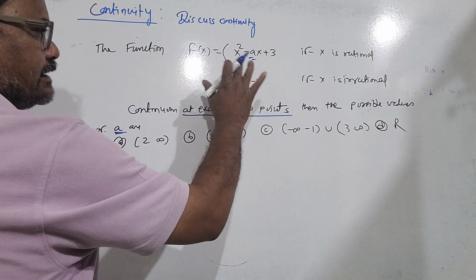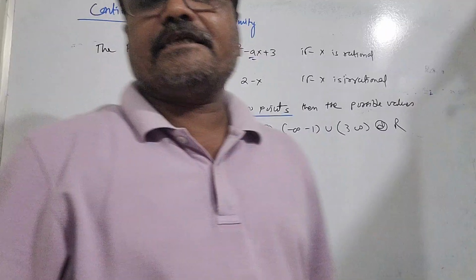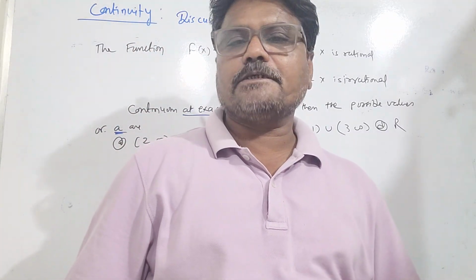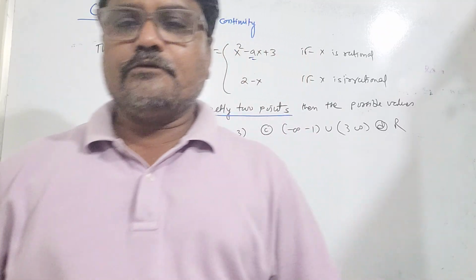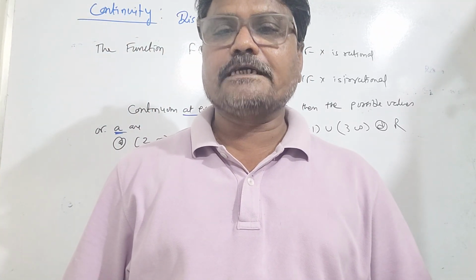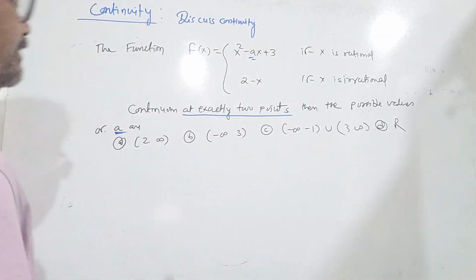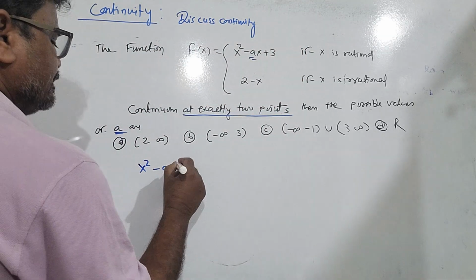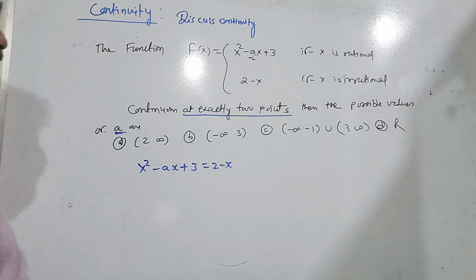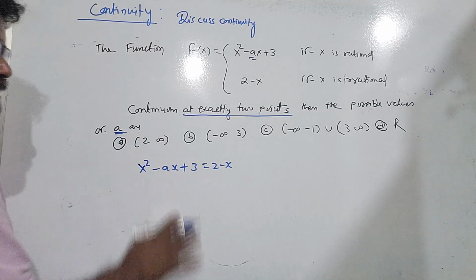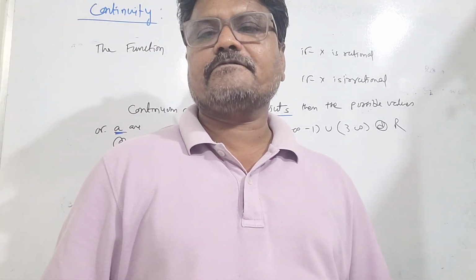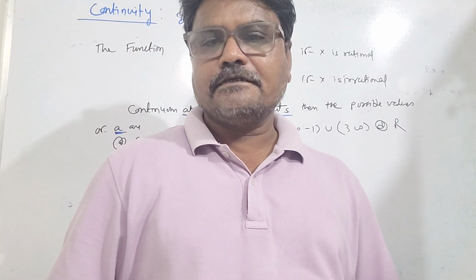The function is defined separately when x is coming from the set of rational numbers and when x is coming from the set of irrational numbers. So in this type of function, for finding the points of continuity, we will solve this equation: x square minus ax plus 3 is equal to 2 minus x. By solving this we will get the values of x, and those values of x will be the points where the function is continuous.